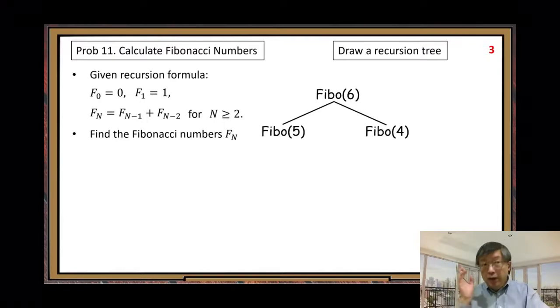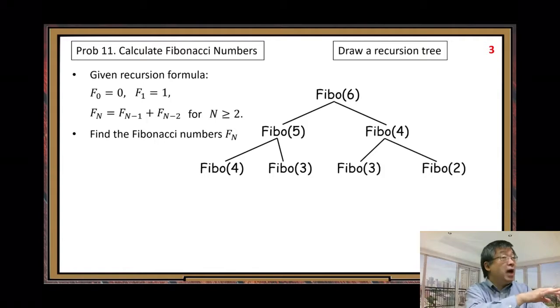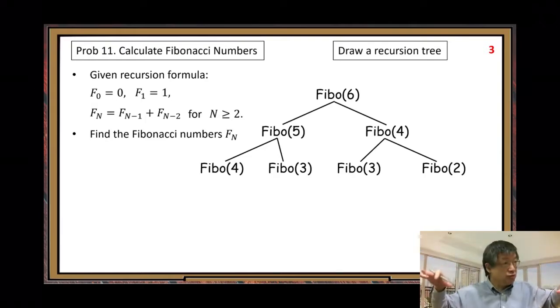Then, in order to get fib of 5, you need recursion another time: fib of 4, fib of 3. Similarly, for fib of 4, you need a fib of 3 value and a fib of 2 value, right? And so on. We can keep going down the tree along all the possible branches.